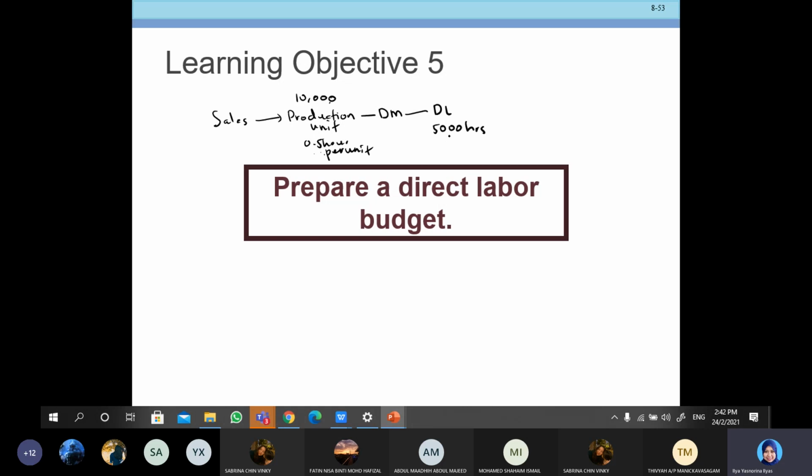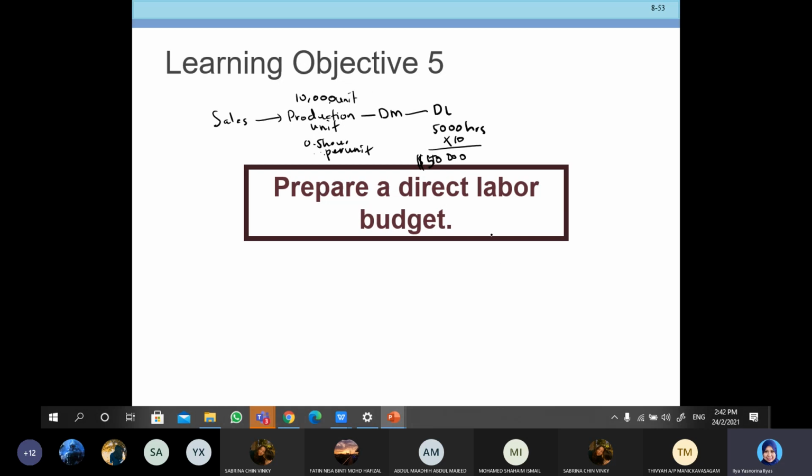So maybe we pay them $10 per hour. So that means we need $50,000 in order to make sure that we can produce these 10,000 units.